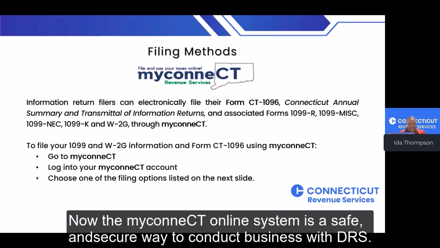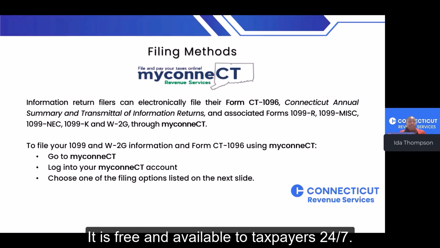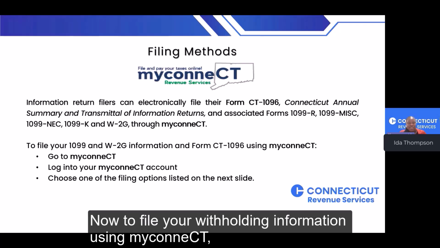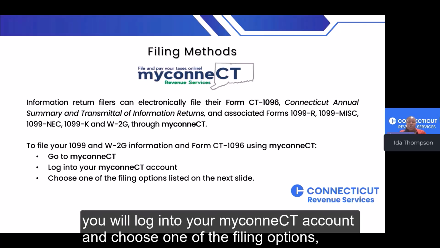Now, the MyConnect online system is a safe and secure way to conduct business with DRS. It is free and available to taxpayers 24/7. So you can file your returns, make payments using MyConnect any day of the week. Now, to file your withholding information using MyConnect, you will log into your MyConnect account and choose one of the filing options.